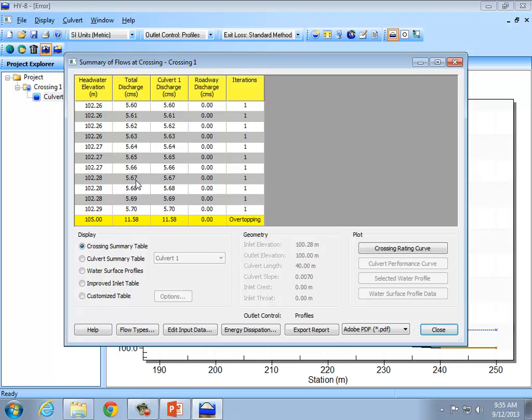And so headwater depth, when the water is at 2.00 meters, then the elevation of the water was at 100.28 plus 2, so 102.28. And that's why I was looking for, the first time that it says over here 102.28, I was looking for the flow rate that goes along with that.